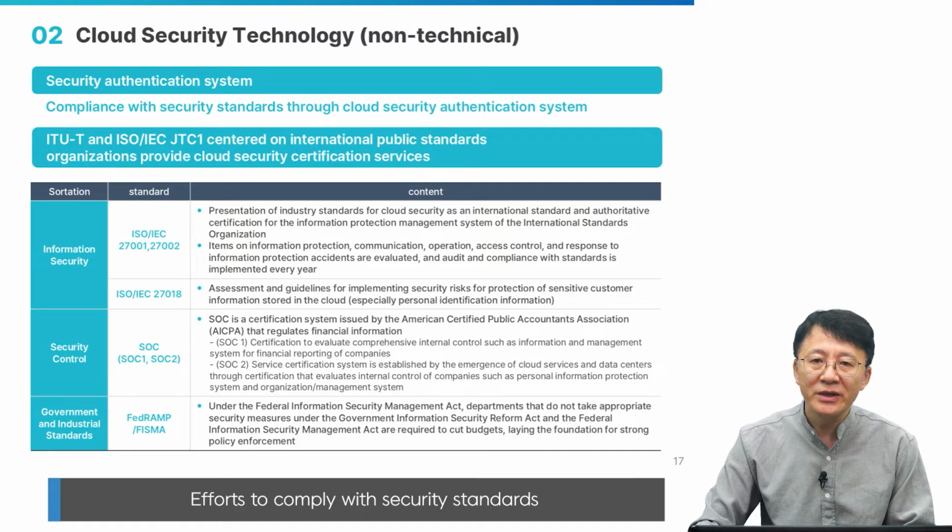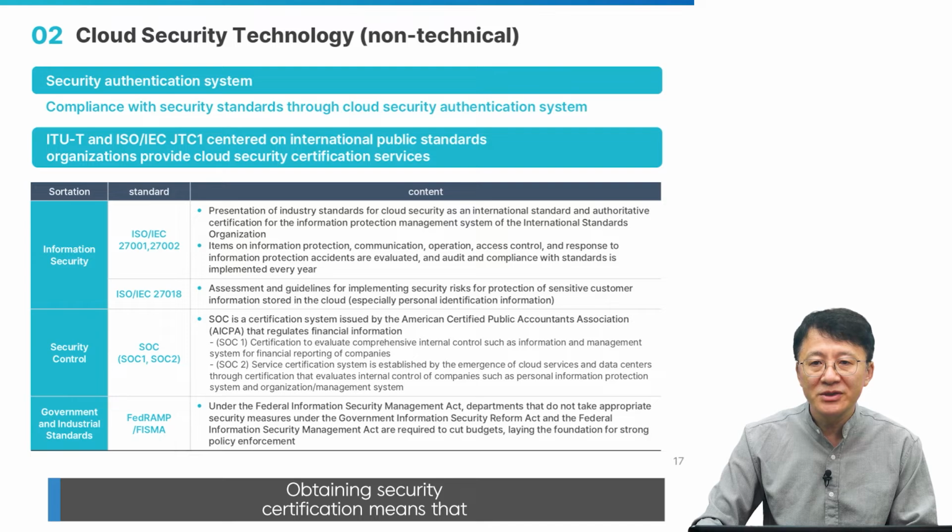Efforts to comply with security standards through cloud security certification systems are spreading across countries. International public standards organizations centered on ITU-T and ISO/IEC JTC 1 provide cloud security certification services.